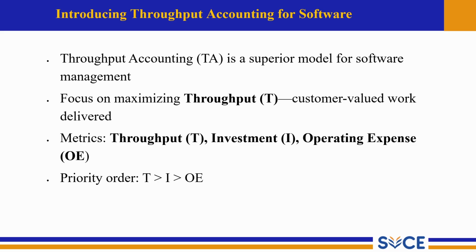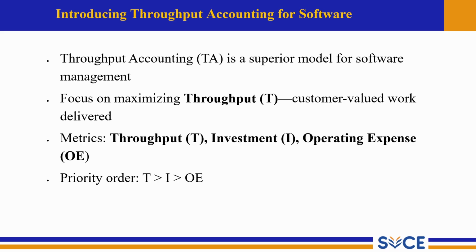Here the metrics are throughput, investment, and operating expense. Here we are giving more importance to throughput. After that we give importance to investment. And finally we give importance to operating expense.